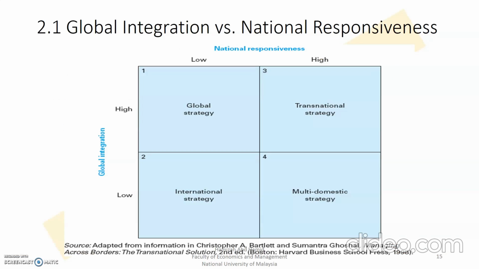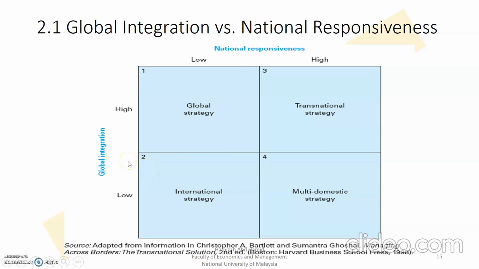If the pressure for global integration is high, but the pressure for national responsiveness is low, the multinational company can choose global strategy. If the pressure for global integration is low and the pressure for national responsiveness is low, they can choose international strategy.